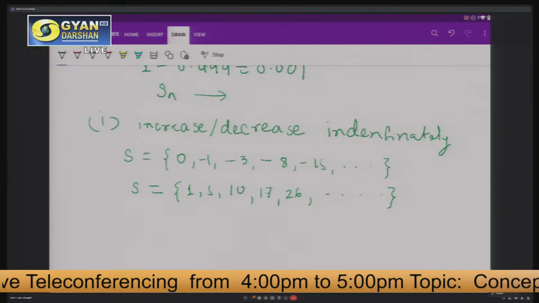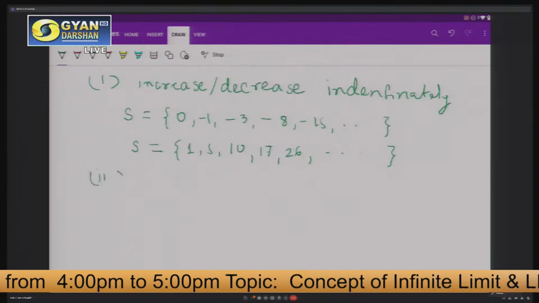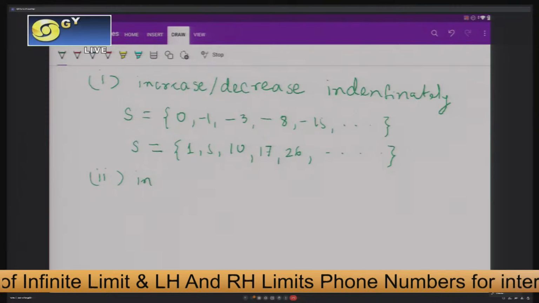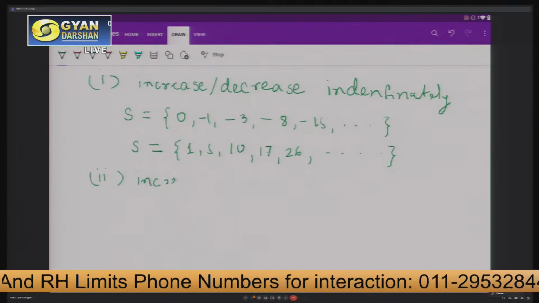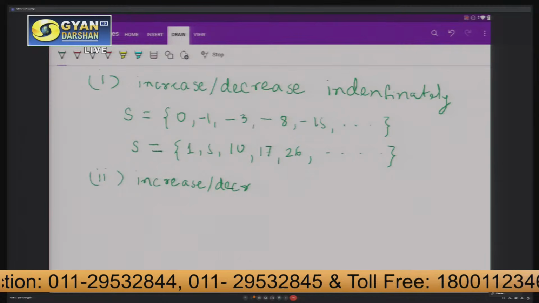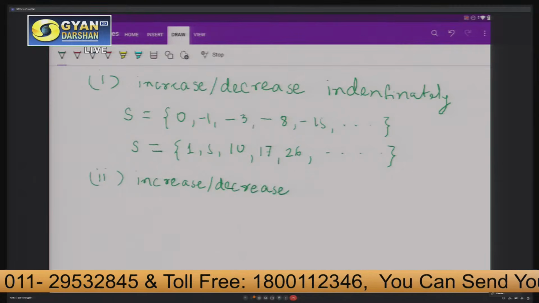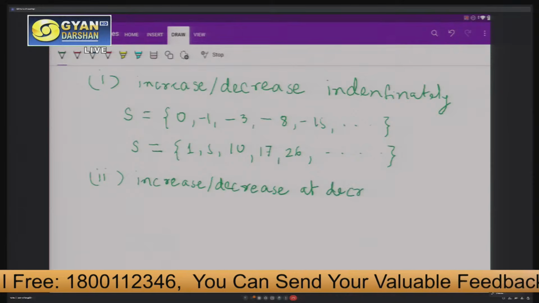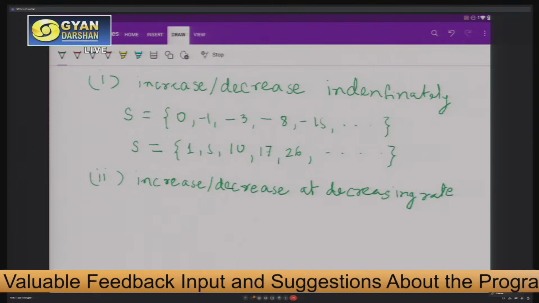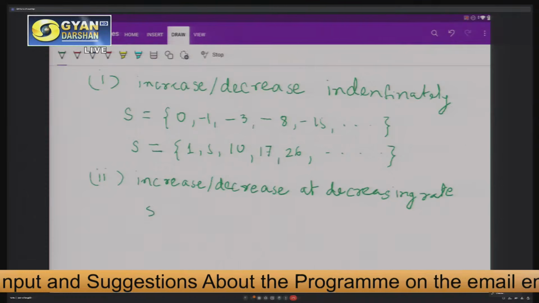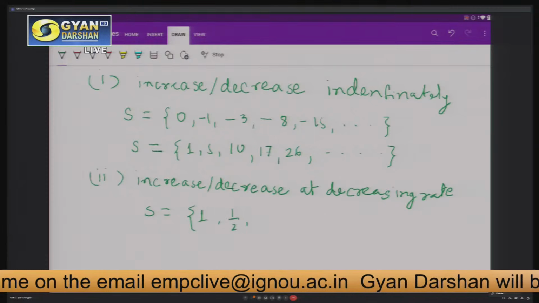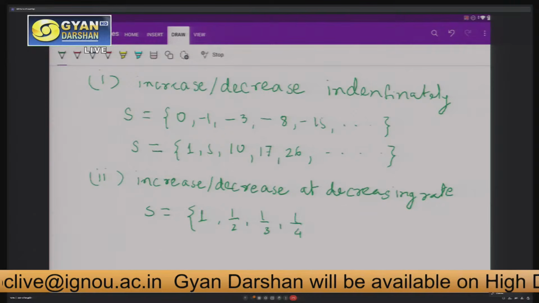Now there are sequences which increase or decrease at a decreasing rate. Say 1, 1/2, 1/3, 1/4 and so on.